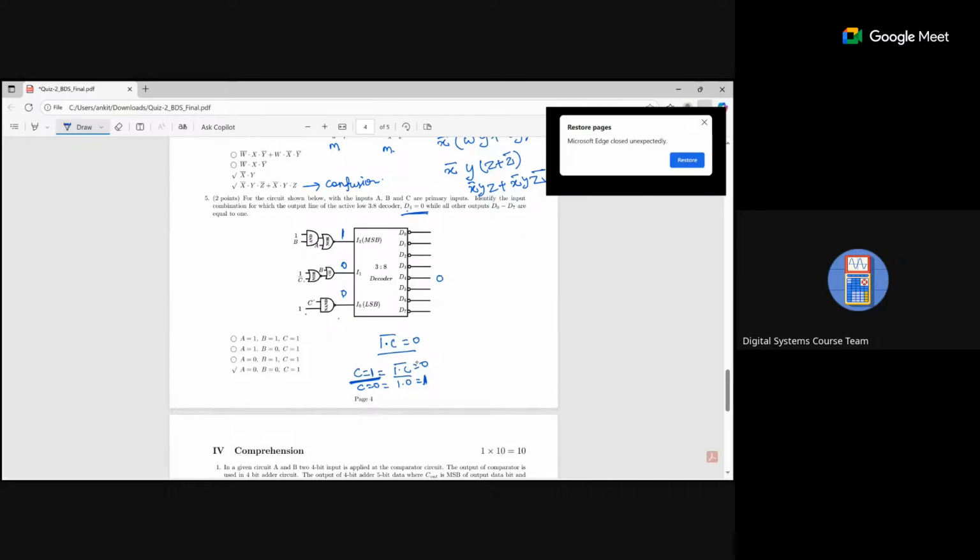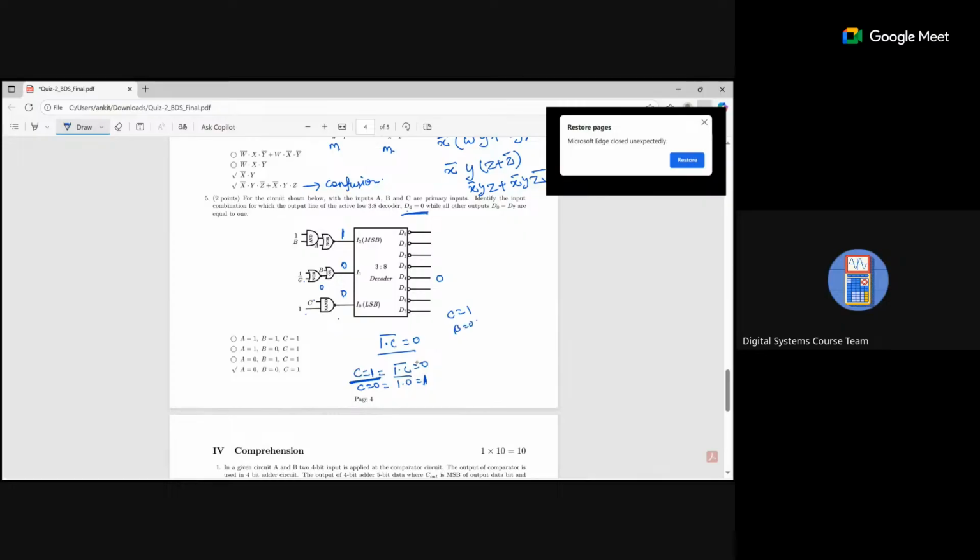If C is 1, that means C bar is 0. 1 and 0 applied on a NOR gate becomes 0. And if it is 0, that means B is also 0, otherwise it becomes 1 because it is an OR gate. So C is 1, B is 0.